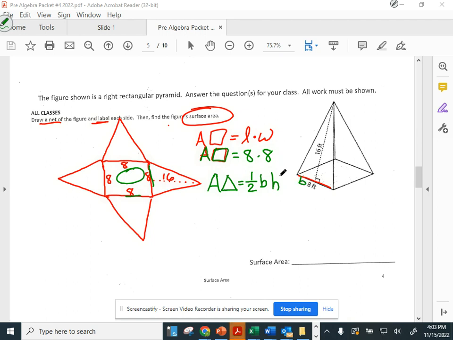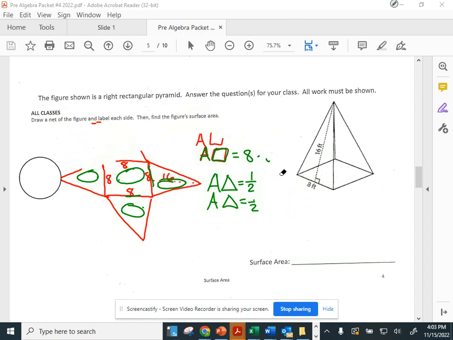Remember, the base is the bottom of the triangle and the height is going up the middle. So my area of my triangle equals 1/2 of 8 times 16. That will give me the area of one triangle. I have 4 triangles. So if I add up all 4 triangle areas plus my square area, that will give me my surface area.